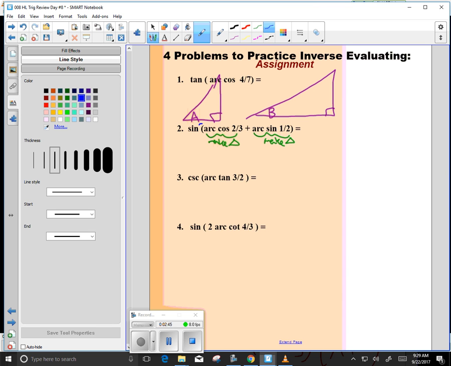So cosine is 2/3, sine is 1/2. So this will be 9 minus 4 is the square root of 5, and this one will be square root of 5, right? That's cool. Next.